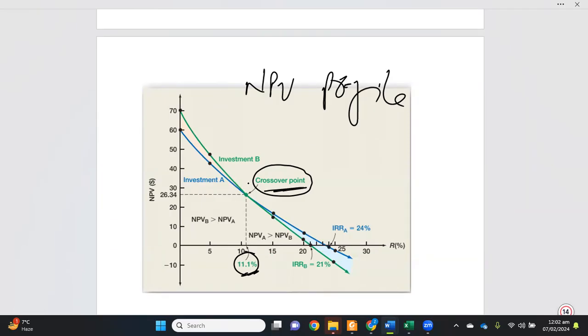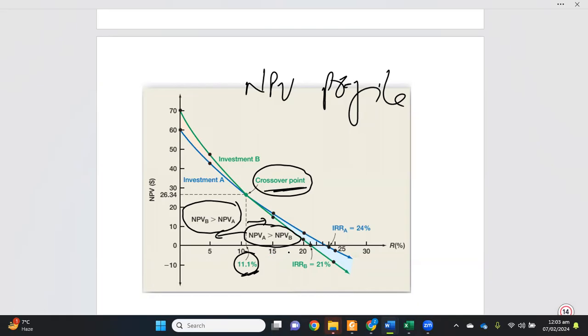So we have seen that before this crossover point, before 11.1%, the NPV of B was higher than the NPV of A. And after 11.1%, this crossover rate, the NPV of A has increased beyond the NPV of B. So before the crossover point, B is more profitable, and after it, A is more profitable.